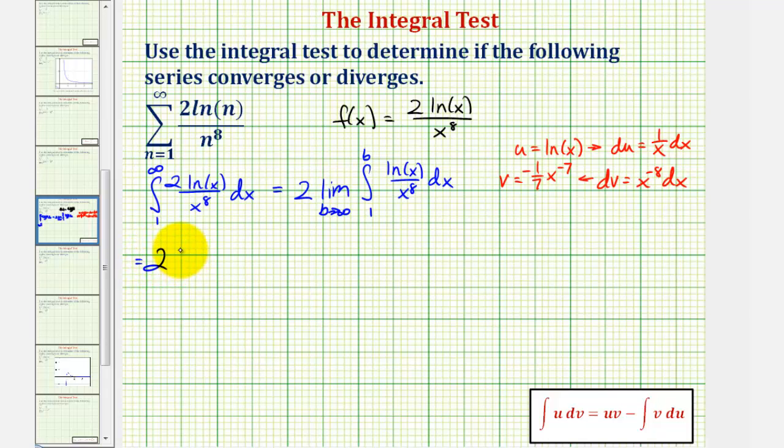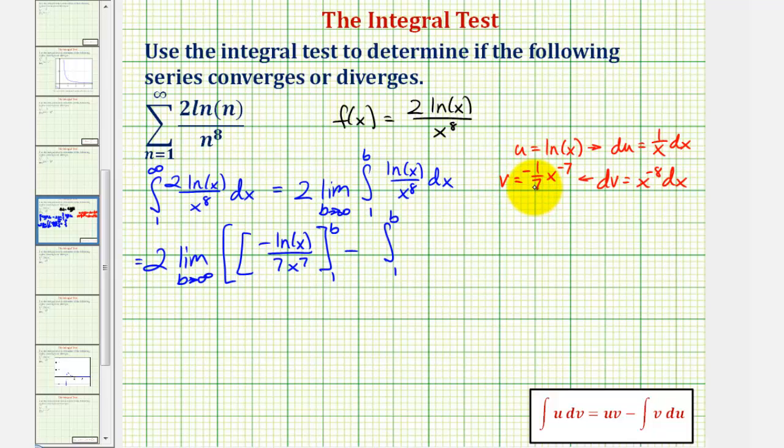So we have 2 times the limit as b approaches infinity of u times v, which would be natural log x times negative 1/7 x to the negative 7. Let's write that as negative natural log x divided by 7 x to the 7th. And then we'll have minus the integral from 1 to b of v times du.